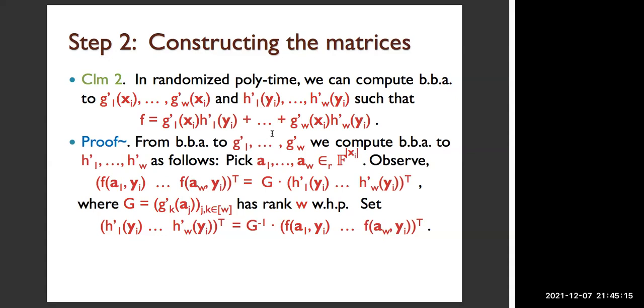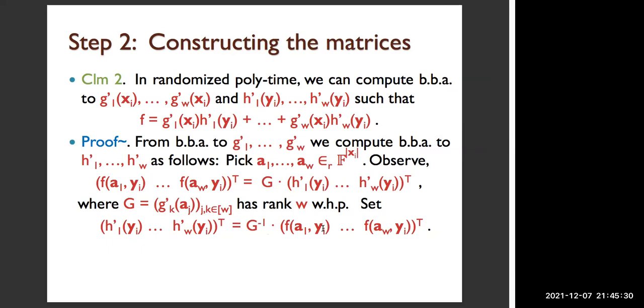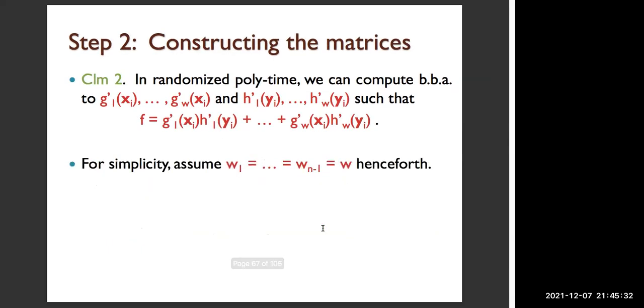Whatever G prime I find, that G prime is related to the original G via an invertible matrix H. And the second thing is, once I fix G prime, H prime is also fixed. You can find it uniquely like this. So in the rest of the argument, because I'm going to tell you how to recover N1, then N2, and so on, I will assume that all the bits are the same. They're W.